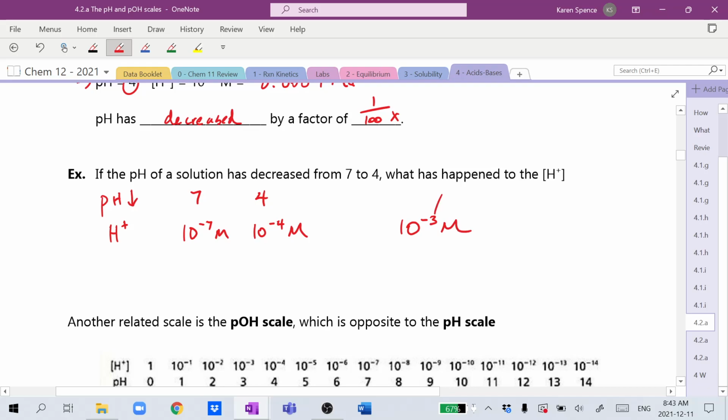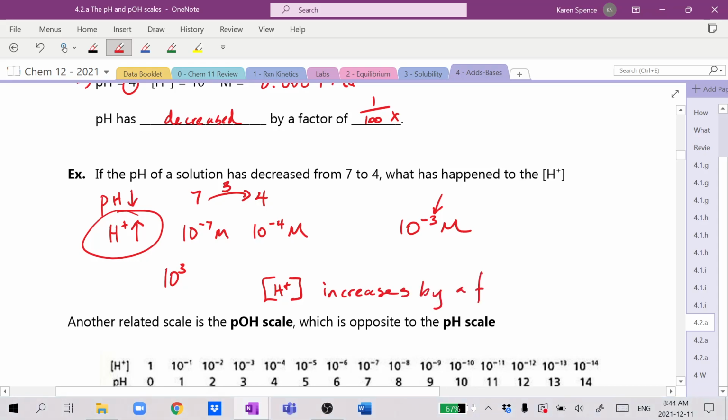The important bit here is not so much the sign of the power of 10, it is that it is 10 to the 3 of some kind, and we know that hydrogen ion concentration has to increase, and so because this was a difference of 3, hydrogen ion concentration changes by 10 to the 3, and because it was an increase, you can say hydrogen ion concentration increases by a factor of 1,000 times.